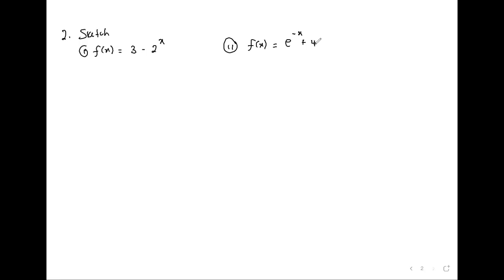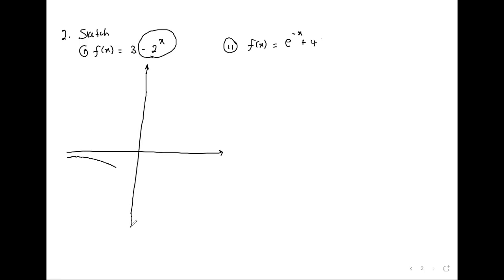So for the first one, we can sketch the first one without using the table. So we know that this guy is a graph that comes in which direction? That comes in this direction, where it passes through -1.